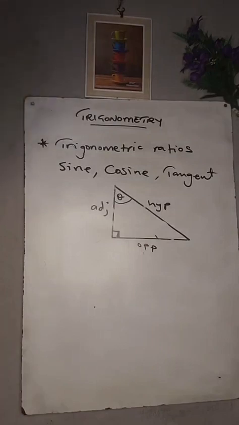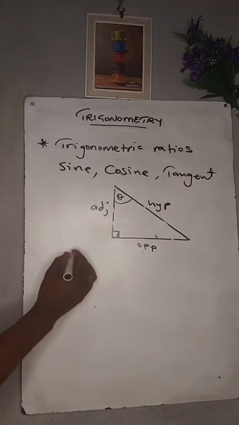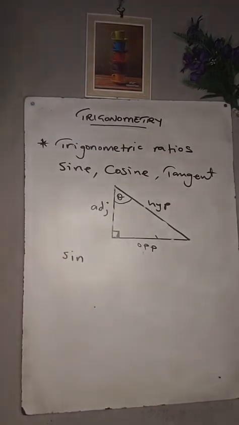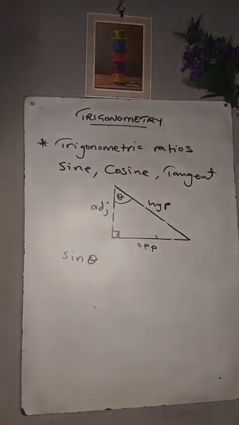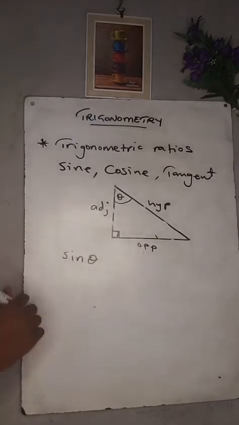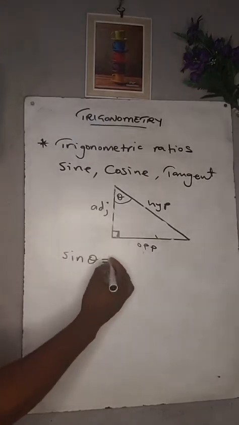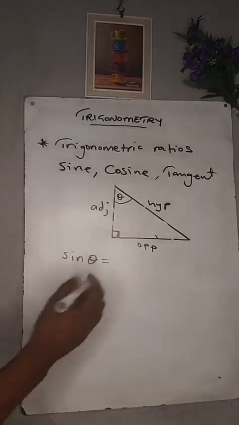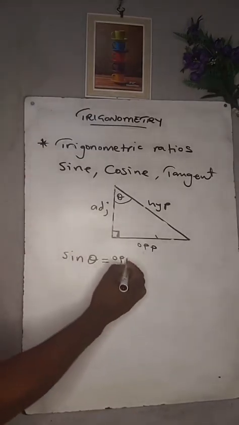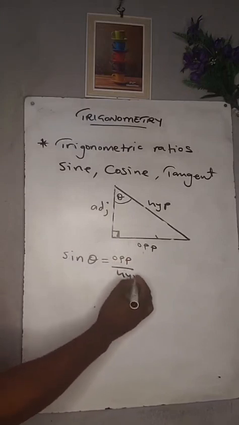Having said that, how do these three trigonometrical ratios behave in a right angle triangle? For sine, written like that, sine theta, theta is the angle inside the right angle triangle. Sine theta is equal to opposite over hypotenuse.